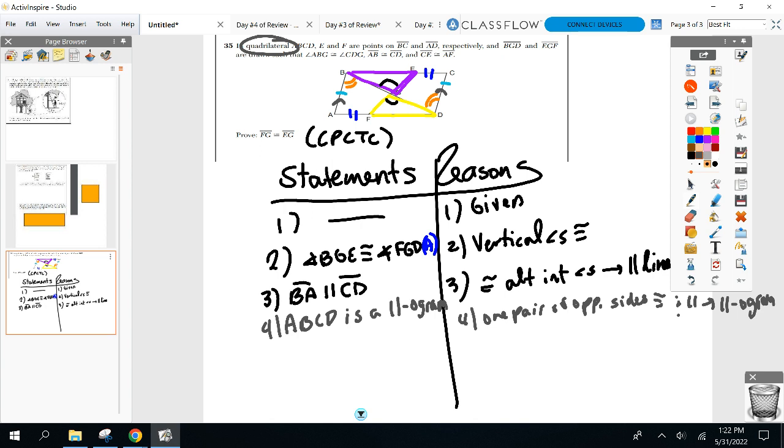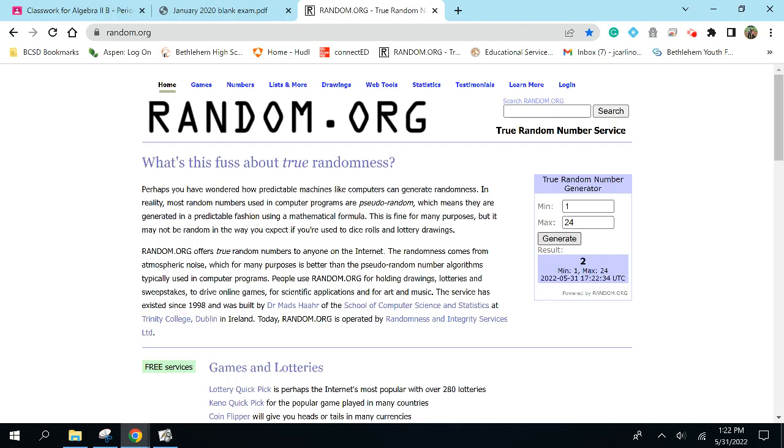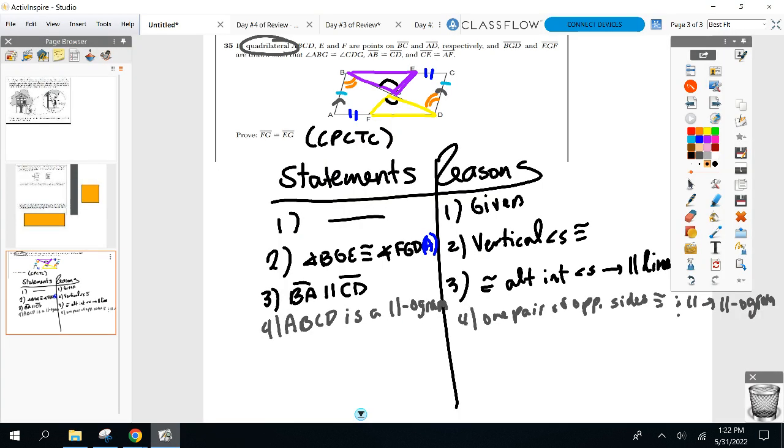First property being, everyone ready? What do I know about BC and AD? If that's a parallelogram, what do I know about BC and AD? BC is congruent to AD.